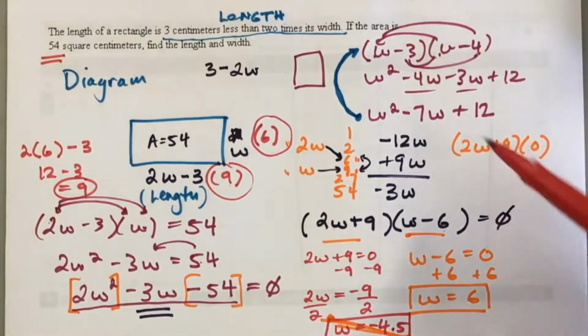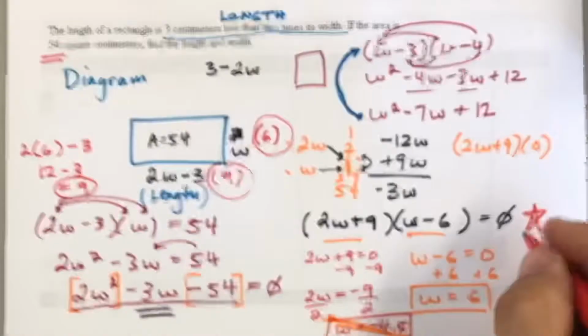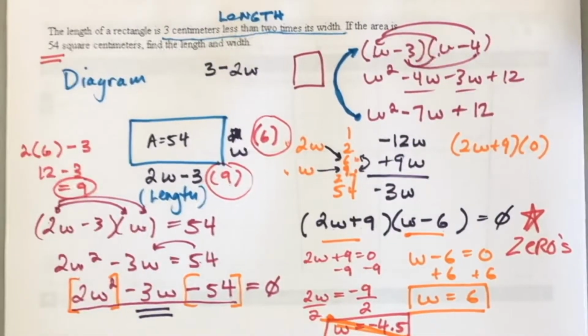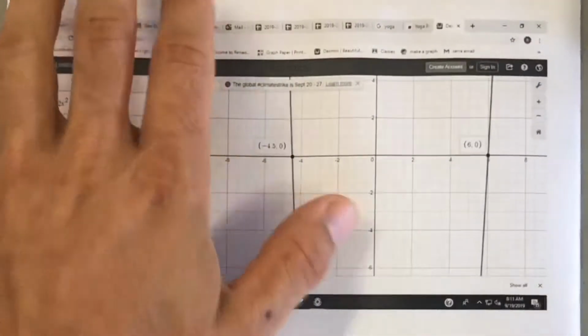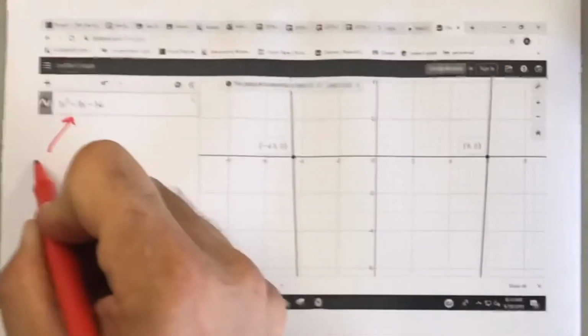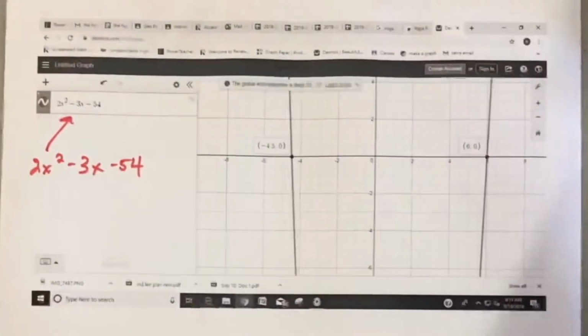Now, here's a quicker way to do this, what we call finding zeros, right? There's a couple quick ways. One is to just simply put this equation that we came up with, this 2x squared minus 3x minus 54, on a Desmos, right?